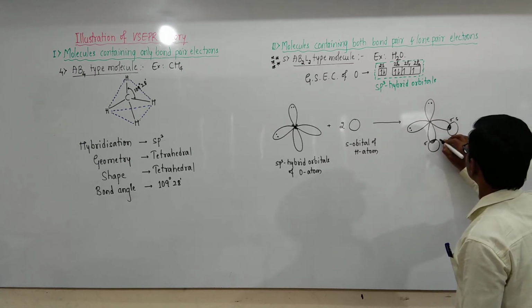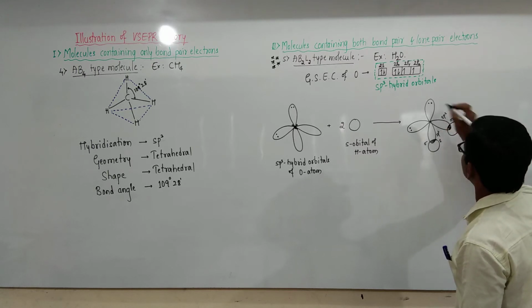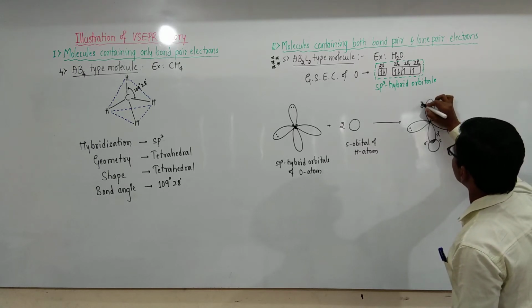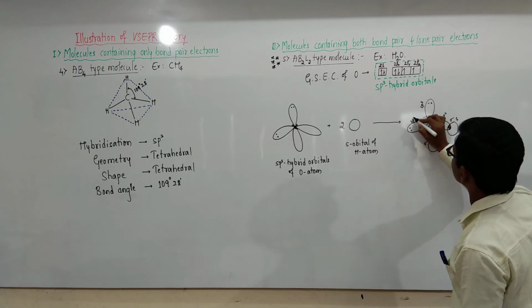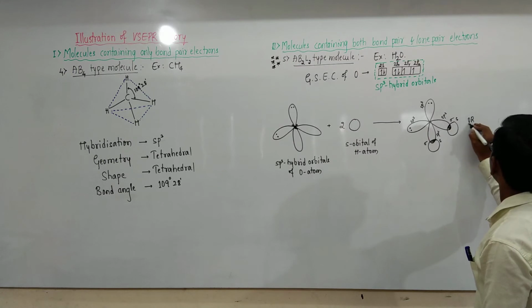This is s, sp3, sp3. These are also sp3 hybrid orbitals of lone pairs, and this is also represented like this.